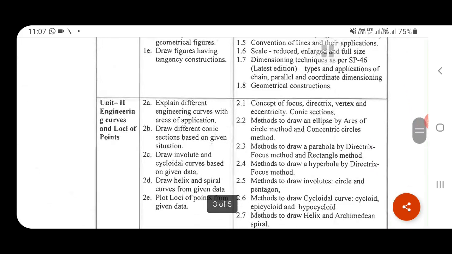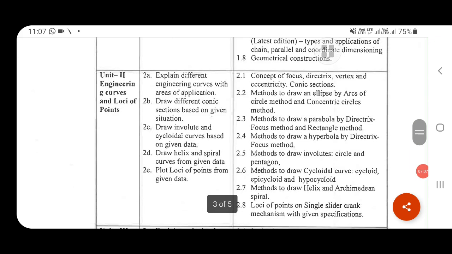Next is the unit engineering curves and loci of points. In that we see the concept of focus, directrix, vertex for conic section. Next, the method to draw an ellipse by arc of circle method and concentric circle method. Next, the method to draw a parabola by directrix focus method and rectangle method.